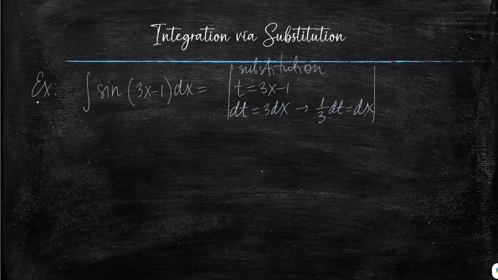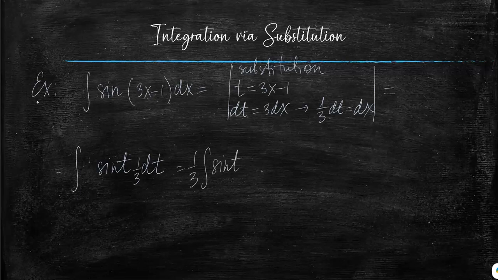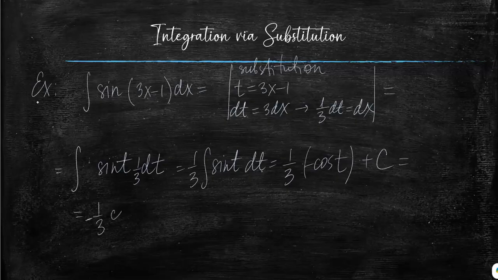And then when you substitute everything in, you're going to end up with the integral of sine of t dt, and 1/3 is right there. So we have 1/3 integral of sine of t dt. The answer is going to be negative cosine t plus c, and the negative goes out, and instead of t we'll write 3x minus 1, plus c.